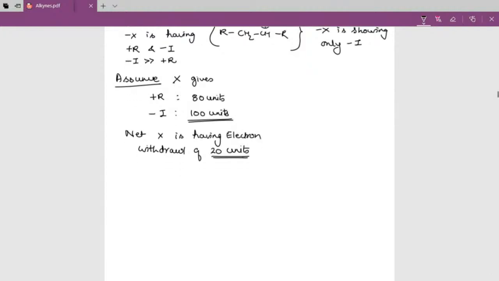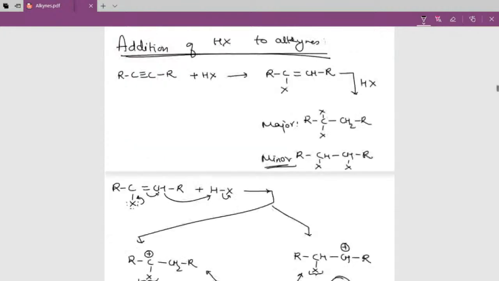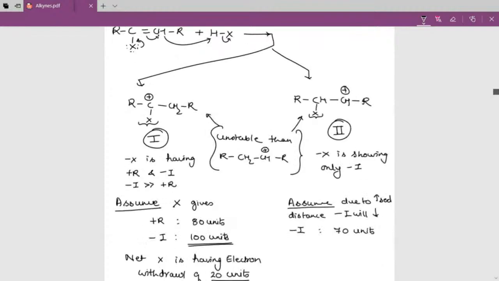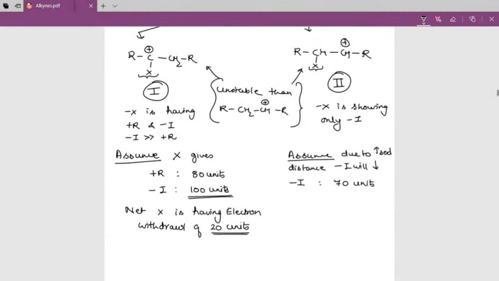Correct. Now here, as the distance is increased, assume minus I will reduce. So let us say the minus I electron withdrawal is 70 units. So it has decreased by a considerable amount. See, here, right next to the carbon, it was withdrawing 100 units. In 2, one or two bonds farther, it is withdrawing 70 units. But there is no plus R, 0 units.